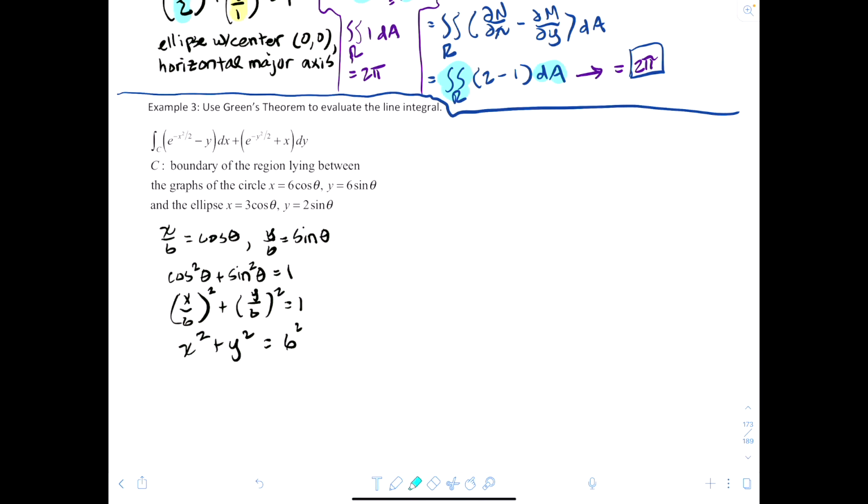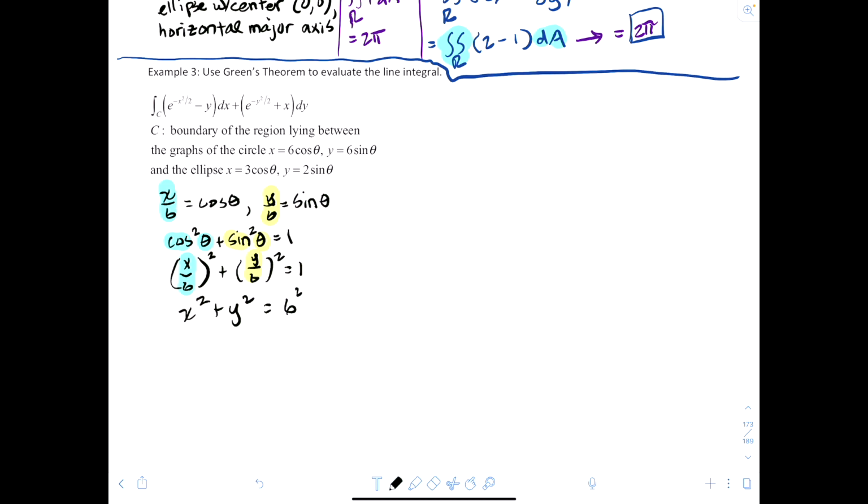Okay, so x over 6 was cosine theta, and that's how we got that one. And y over 6 was sine theta. That's how we got that guy. And so then we have a circle with radius 6.